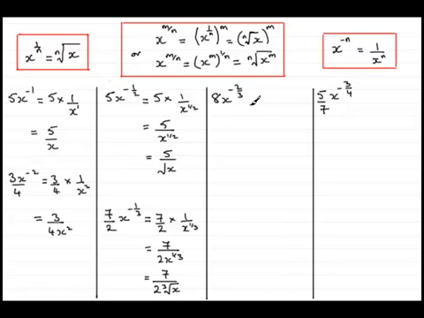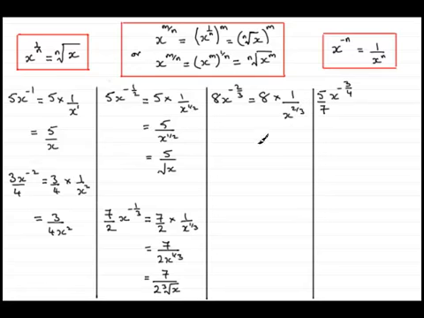Now in this next example, you'll notice that I haven't got a third anymore, I've got 2/3. We've got 8x to the power minus 2/3. So what's this going to be? Well, 8 times x to the power minus 2/3. Using the negative rule, that's going to be times 1 over x to the power 2/3.